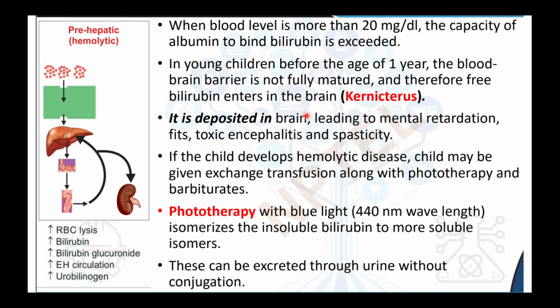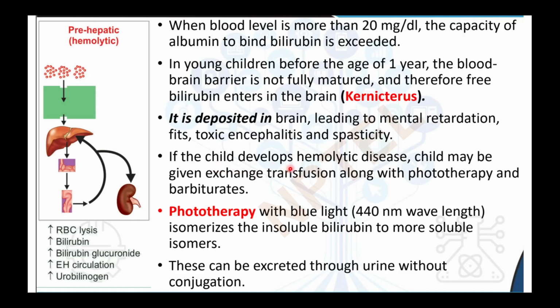When bilirubin starts depositing there, it can lead to mental retardation, fits, toxic encephalitis, and spasticity. So it can cause all kinds of mental retardation symptoms, and it can be very toxic to the brain.